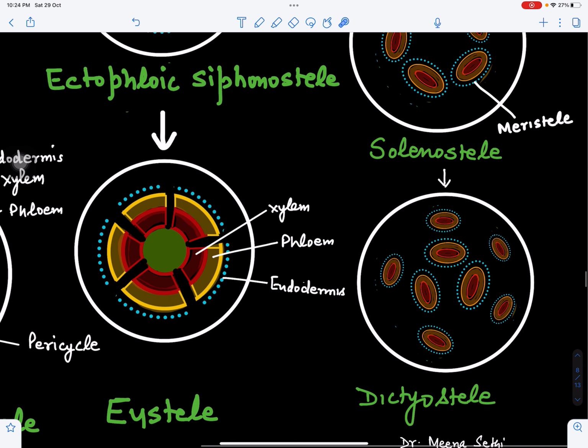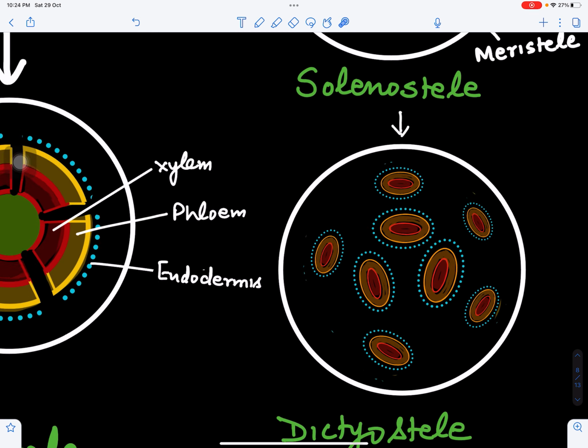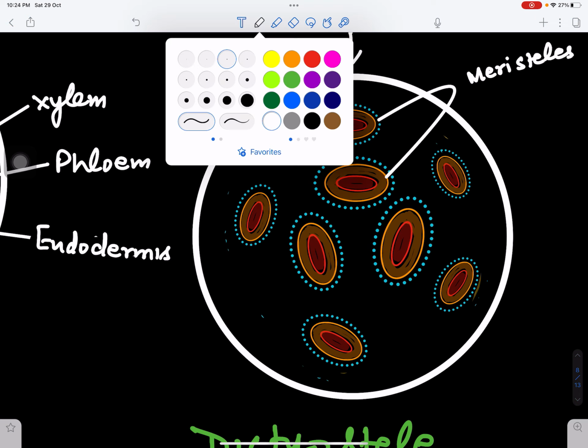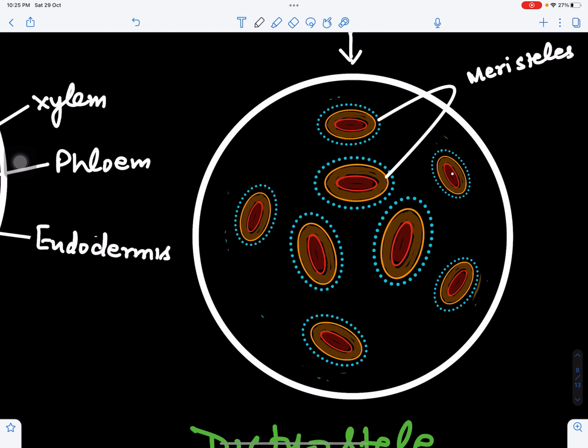If there are many leaf gaps but they are overlapping also, when they are overlapping, again meristeles will be produced. These are meristeles. But they are overlapping leaf gaps. So two rings of steles we can find, irregular. So if you see the structure of each meristele, this part is xylem, surrounded on all the sides by phloem.